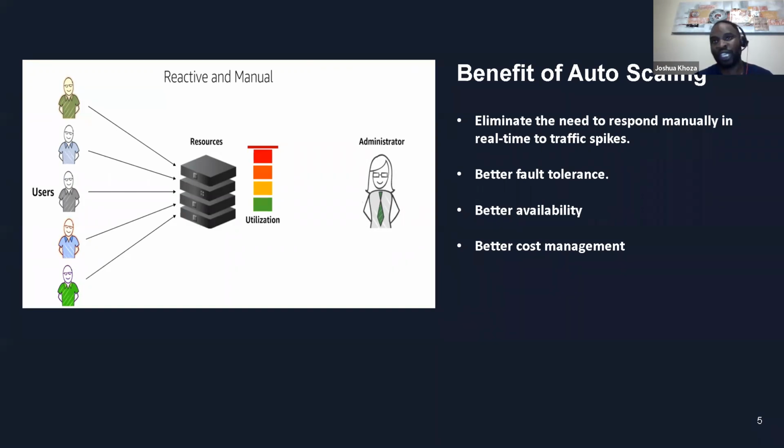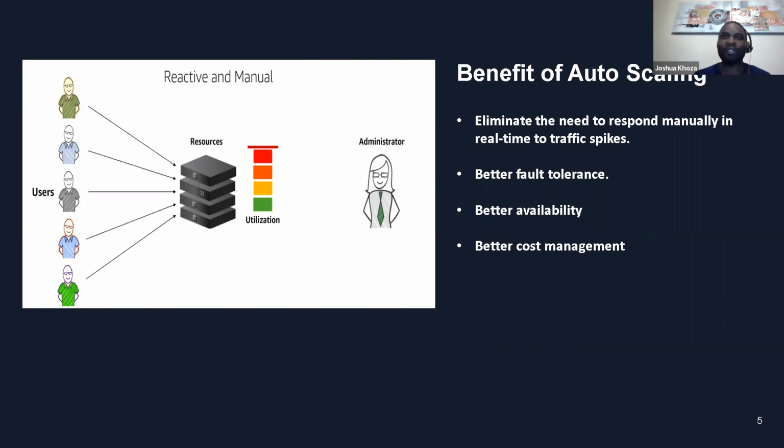But when it comes to AWS, they made it a little bit easier for us to add capacity when we need it and remove capacity when we don't need it. The benefit of auto scaling is that it eliminates the need to respond manually in real time to traffic spikes.